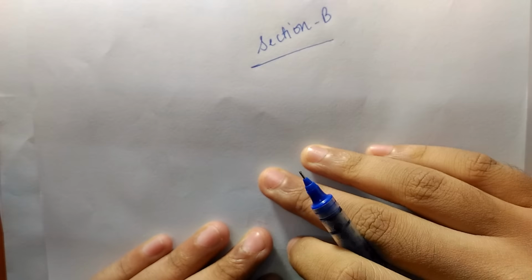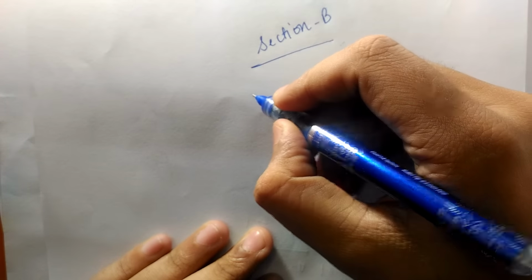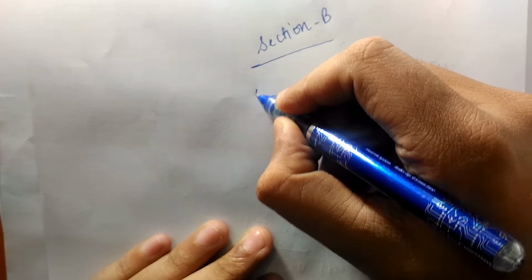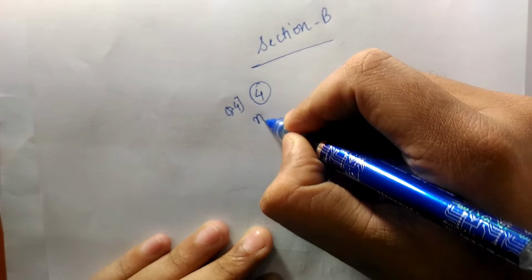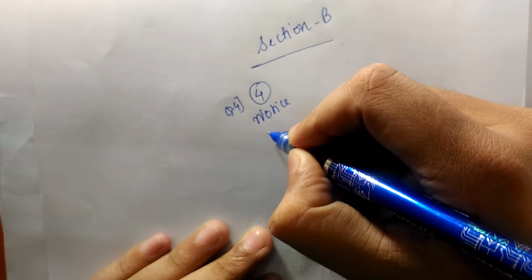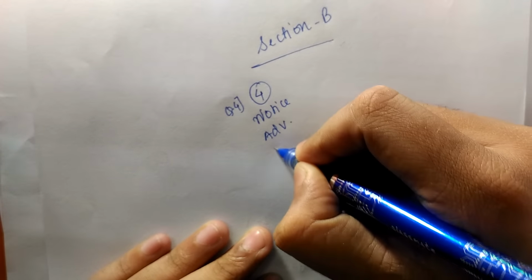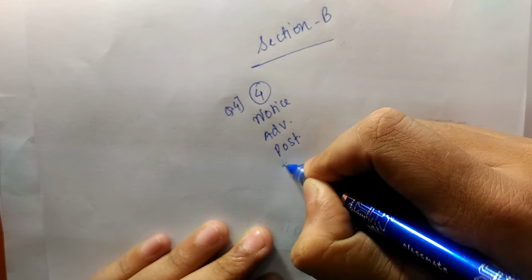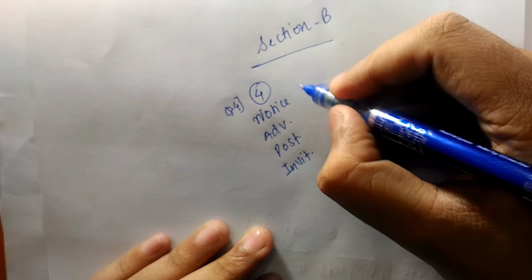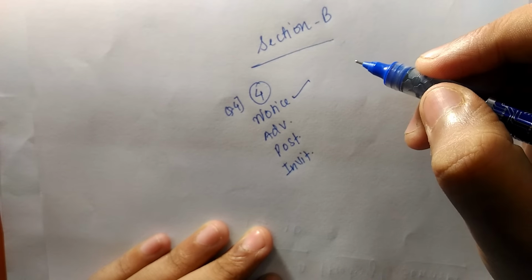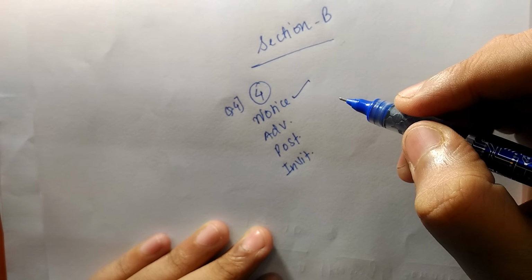In section B, we have one very short answer type question for 4 marks. That is your question number 4, which is generally a notice, an advertisement, or sometimes a poster, or even invitations. Generally we see a notice coming up over here. Prepare the format for the notice very well.